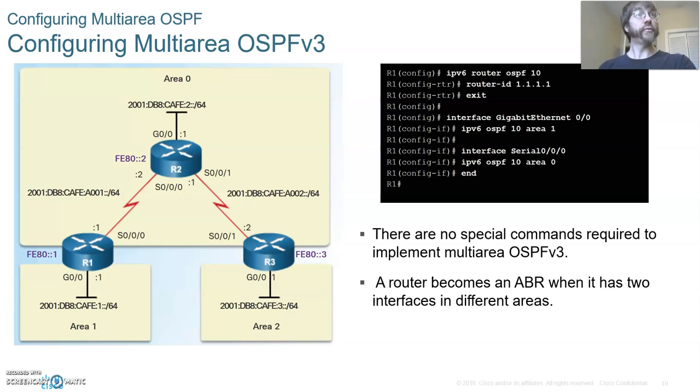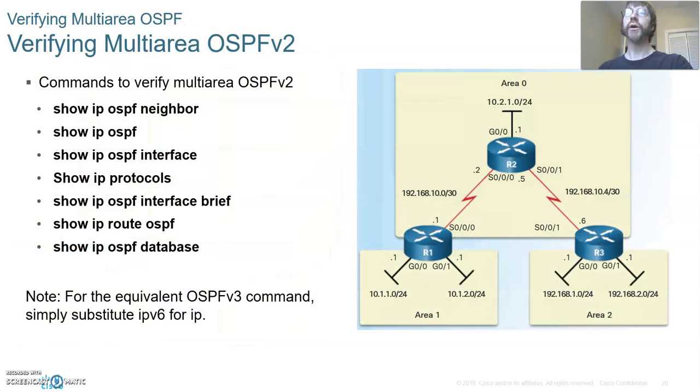So let's talk about verification. There are a lot of show commands you can use. And the fun thing is any show command you can run for OSPFv3 for IPv4 you can do with OSPFv3 for IPv6 just by changing the IP to IPv6. Show IP OSPF neighbor to make sure your neighbor adjacencies are right.